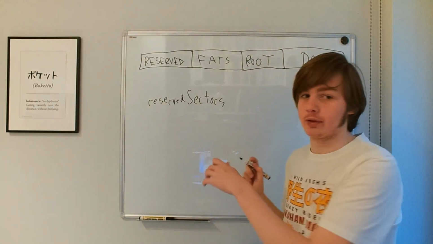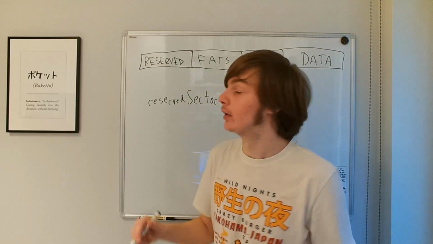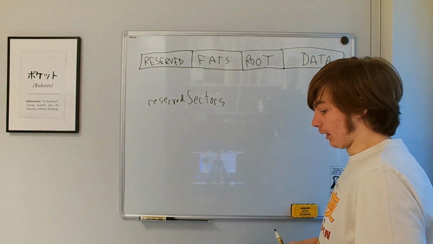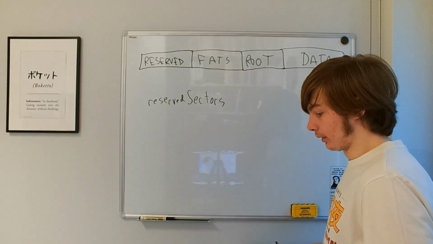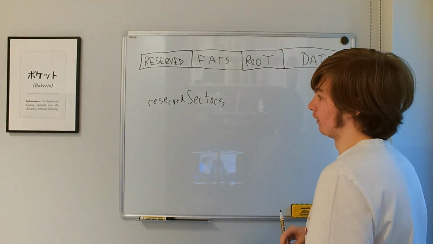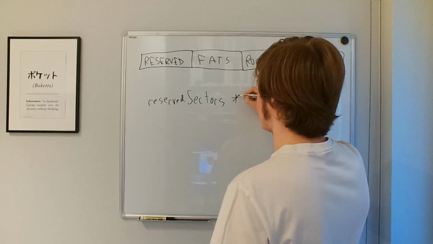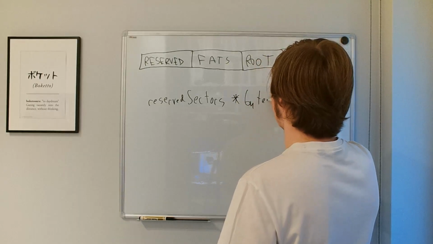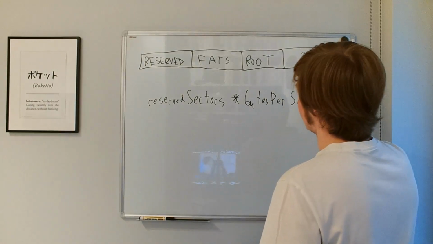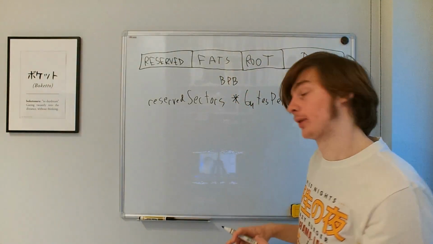Because this is obviously going to tell you how many sectors of the disk are actually reserved in this region. Now, if you wanted to get this in bytes, you would have to multiply this by bytes per sector, which is another field in the BPB, the BIOS parameter block.